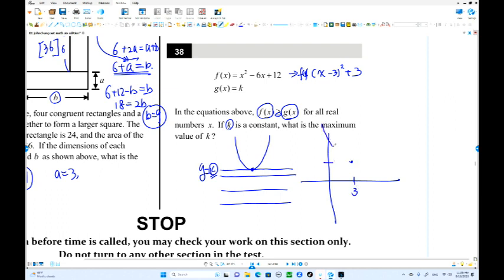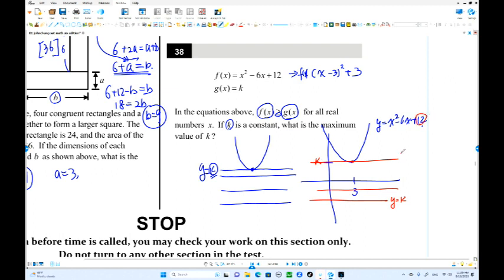The graph of y equals x squared minus 6x plus 12 looks like this. g of x equals k looks like here. But that is not the maximum value, right? k is over here. That is the maximum value of k, right?